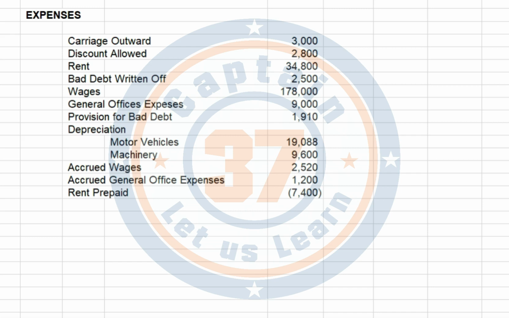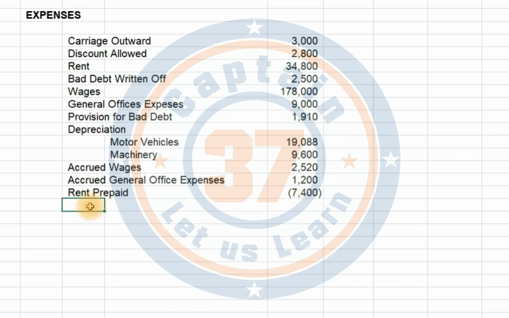Next is this, which I really want you to pay attention to. Back to this particular amount for provision of bad debt. This was the increased amount, the 5% of the trade receivables. The question is, what was there before? What was there before, we know, was 1,700.